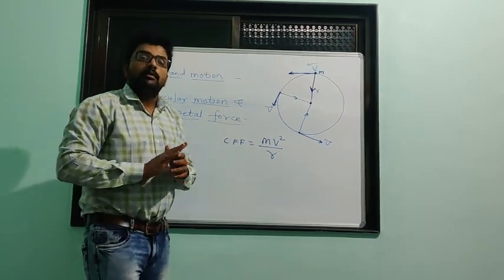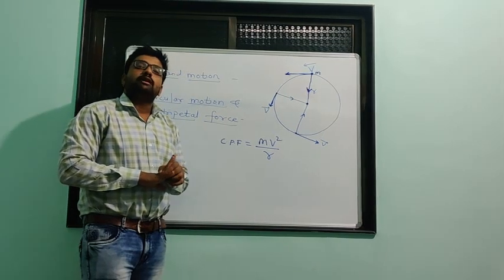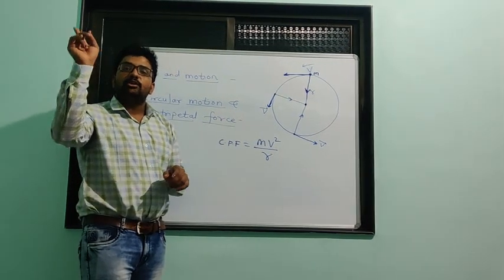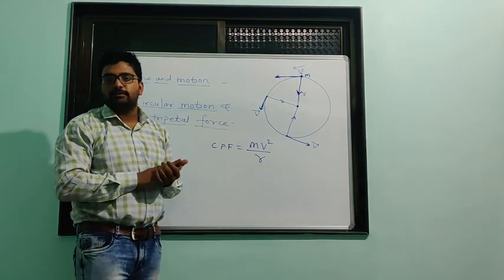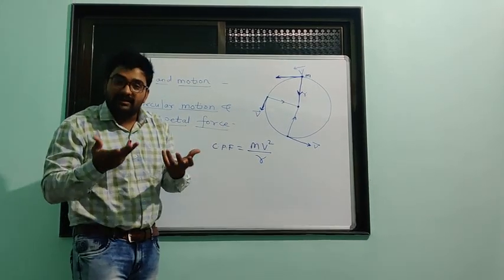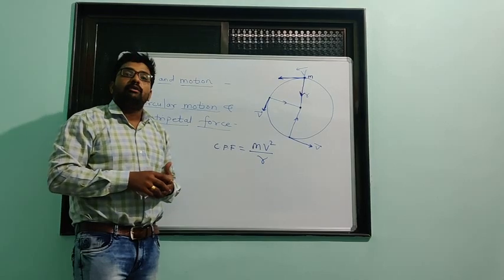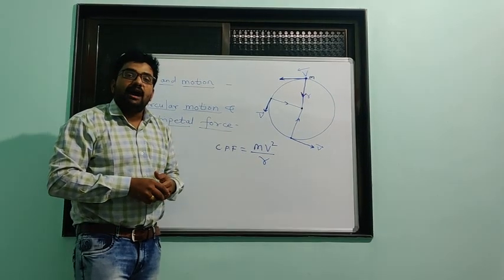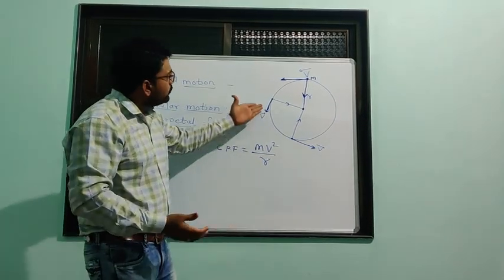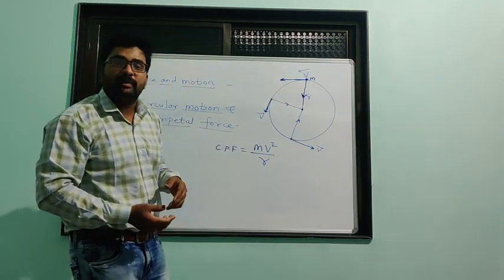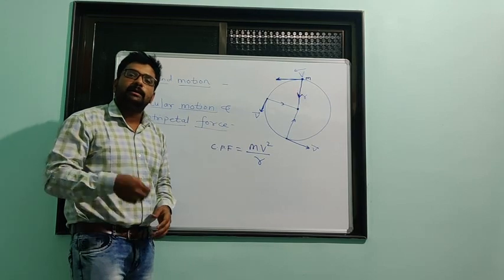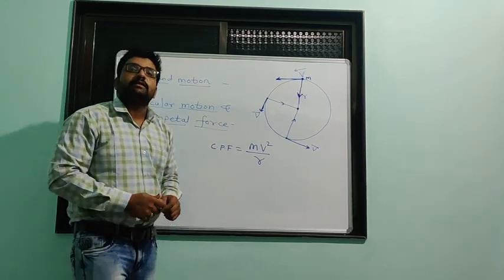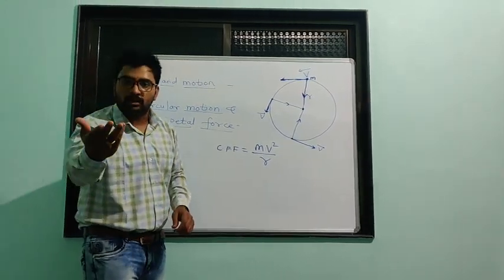Kepler's laws are based on universal stability: how our planets revolve, what their trajectories are, and how their time periods are proportional to their orbit's radius. All that relation we will study in tomorrow's lecture.